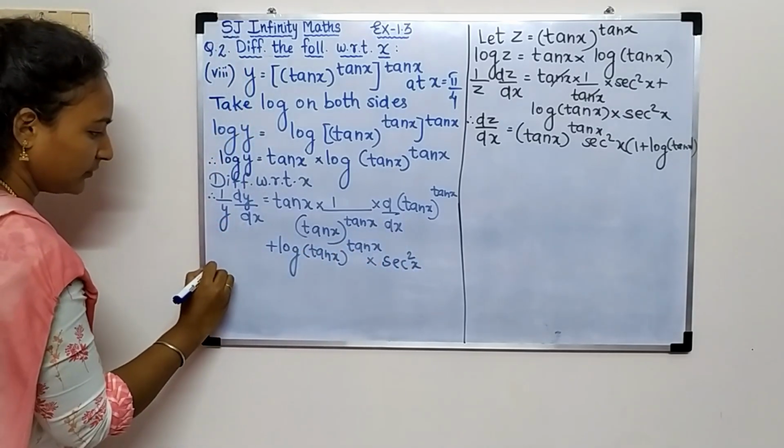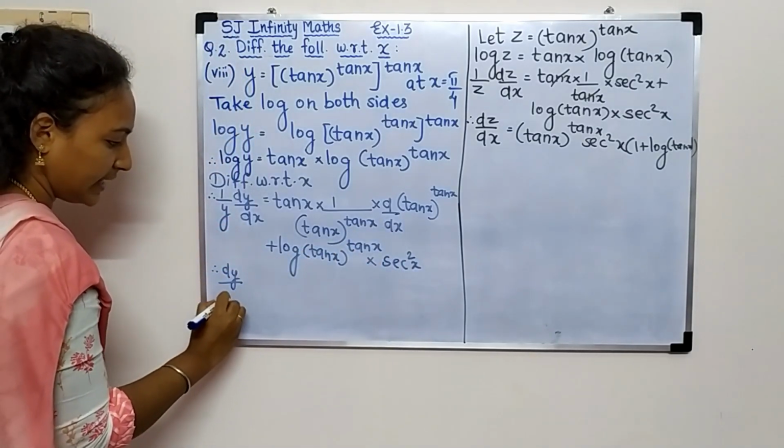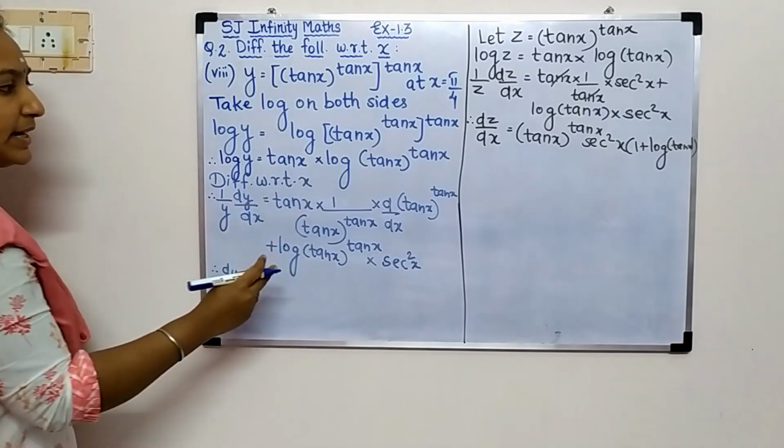Therefore, dy by dx will be multiplied with y.